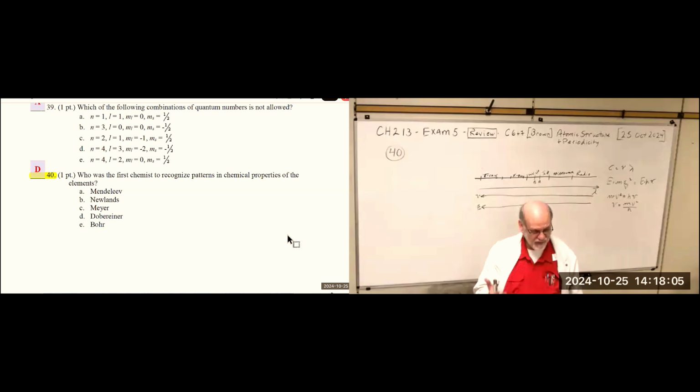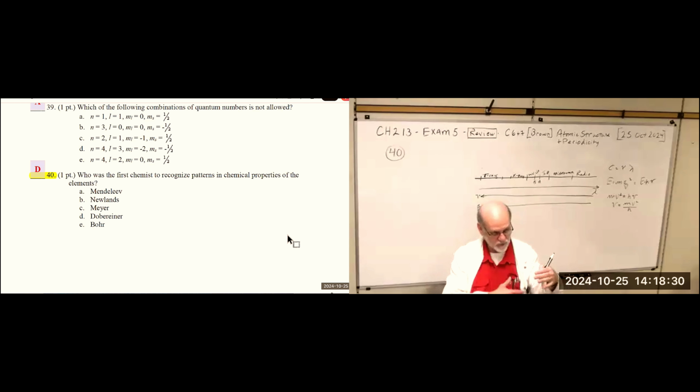Those were similar patterns of chemical properties. That was proposed by Dobereiner. He had chlorine, bromine, iodine, I think was his choice. And then he had others like lithium, sodium, potassium, and a couple of others. He just noticed that each group of three had similar properties.